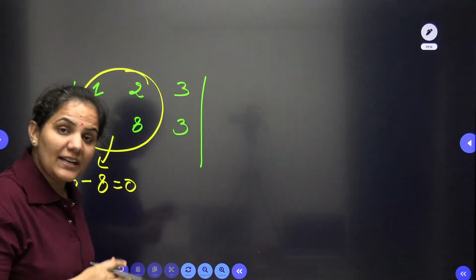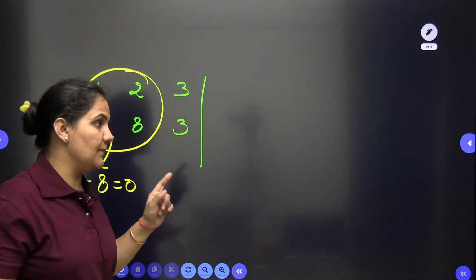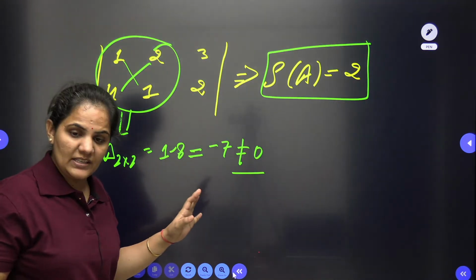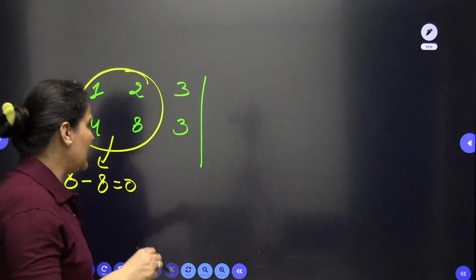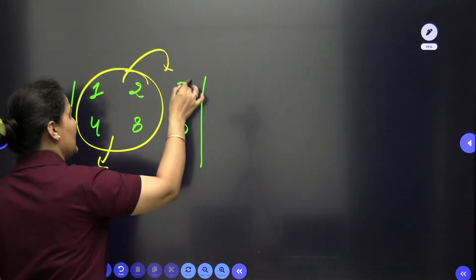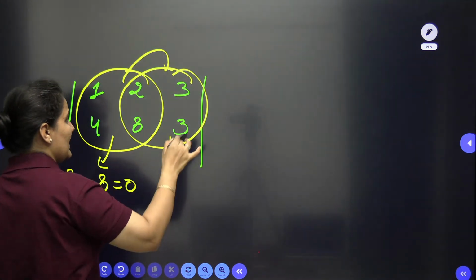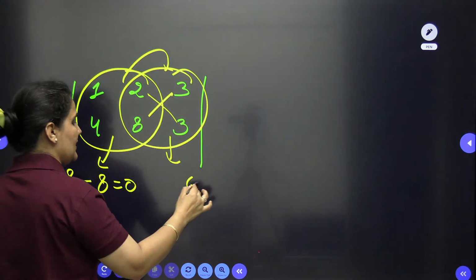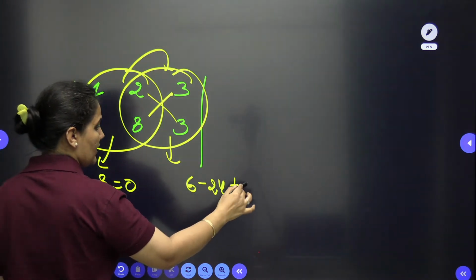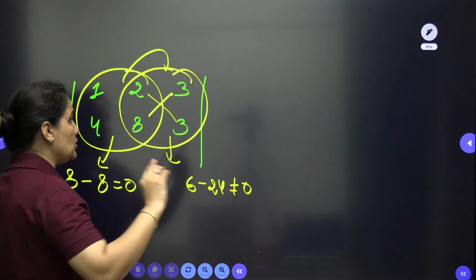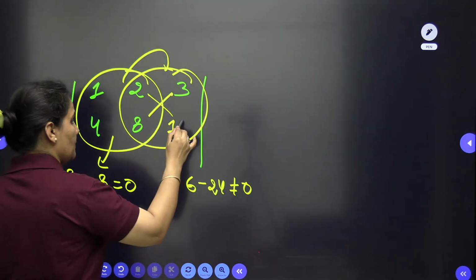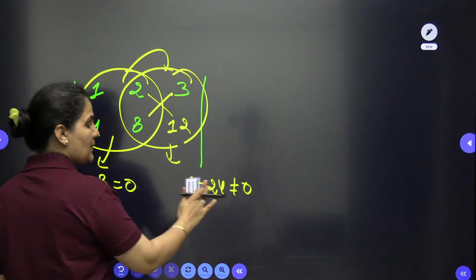Then I will not conclude instantly that my rank is equal to 2 or less than 2. When my very first minor is equal to 0, I will check the second minor. If I check the second minor, I can see this is 6 minus 24, whatever, it is not equal to 0. Suppose your next minor is also 0.